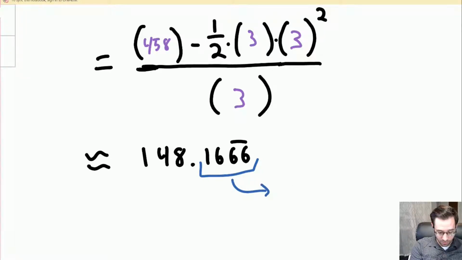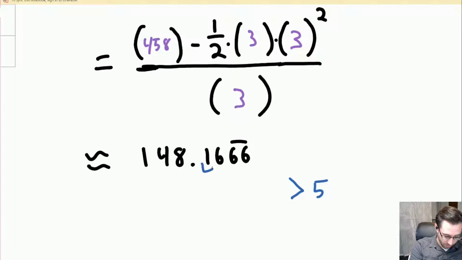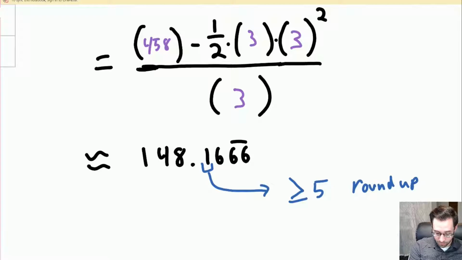More specifically, I look at this one. If it is greater than or equal to 5, then I round up. If it is less than 5, I round down.